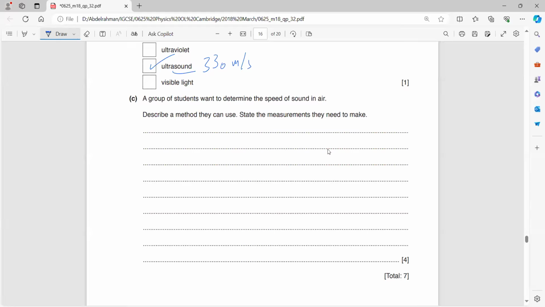Student A has a stopwatch. Student B has a smoke gun.